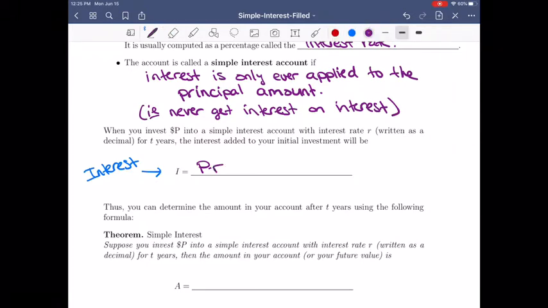It's R percent of P dollars, and you're going to do that for each year, so we multiply by T years. So we have I is equal to P times R times T.